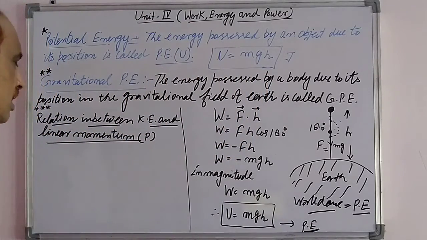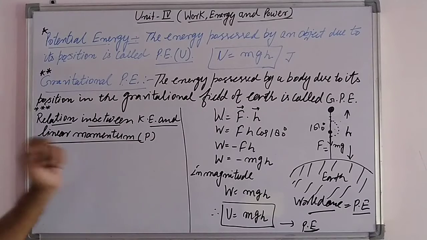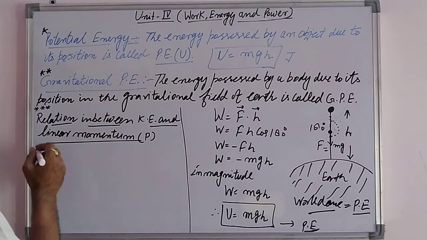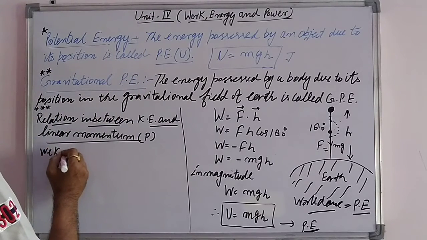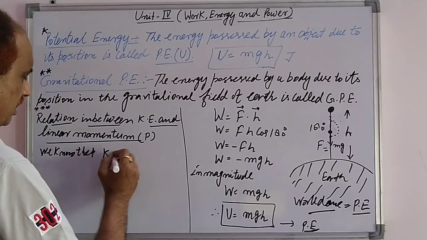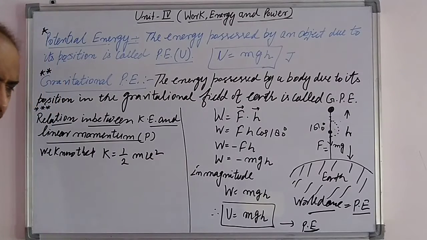Now here we also have to discuss a very small expression, that is the relation between kinetic energy and linear momentum, and we start from the expression of kinetic energy. So we know that kinetic energy K equal to 1 by 2 mv square.